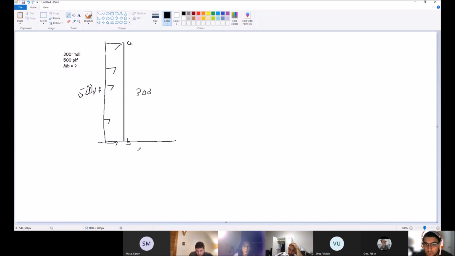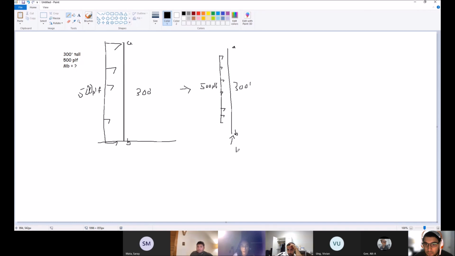So this is attached to the base. This is the floor. So now we're going to cut it right at the floor. We're left with literally the same diagram: A, B, 300 feet, 500 PLF going in that direction. It's just like the bridge where we cut it and then look at it from that other direction.